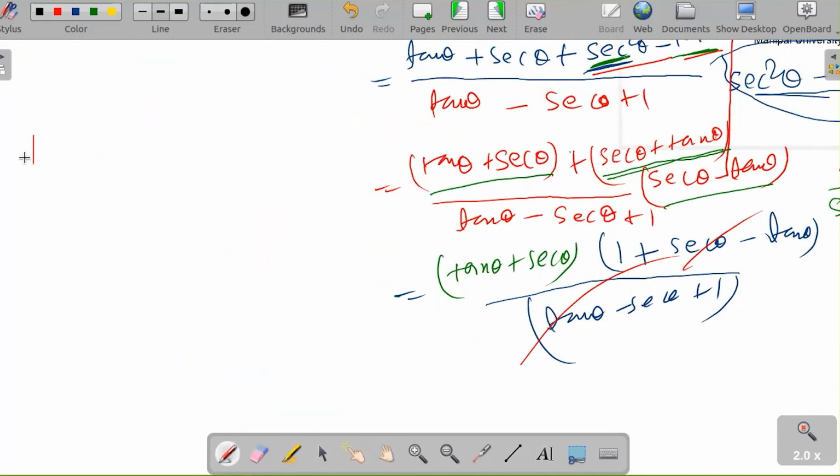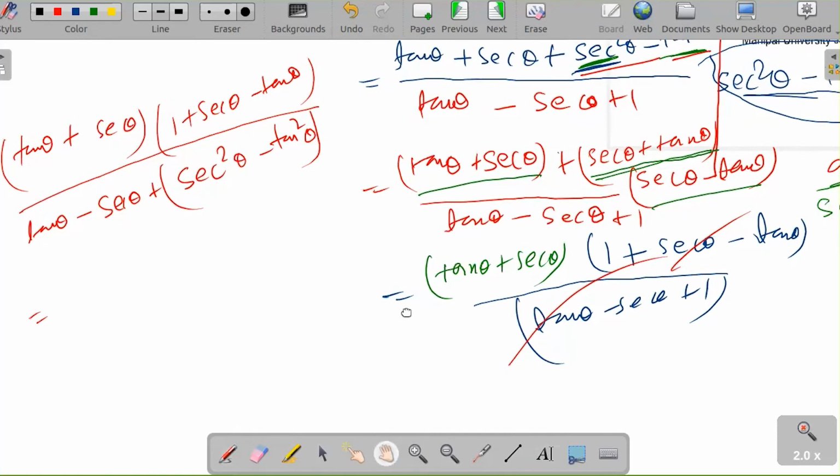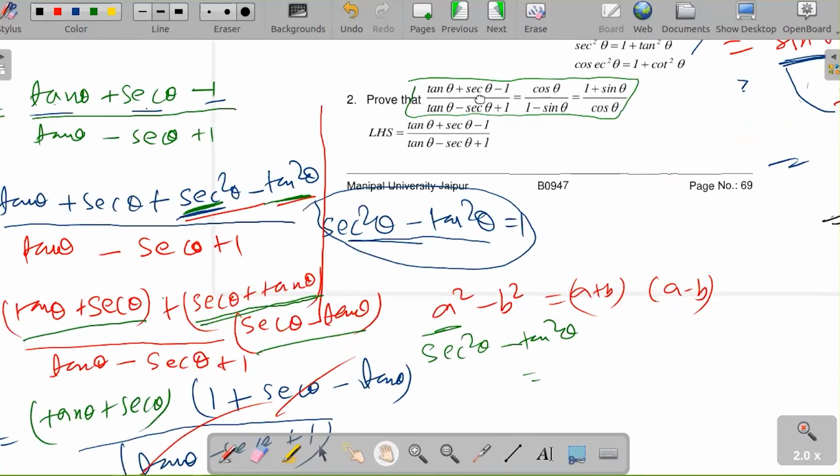So in the numerator we have tan plus sec into 1 plus sec minus tan, and in the denominator, if we use the same thing, tan minus sec plus 1, instead of plus 1 I will make it sec square minus tan square, and then if we split sec minus tan and tan plus 1, no, I think this will not work because we will not be able to take common out, and this will not help. Let's see how its solution is there.